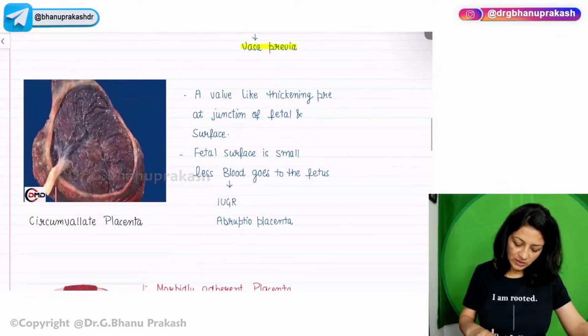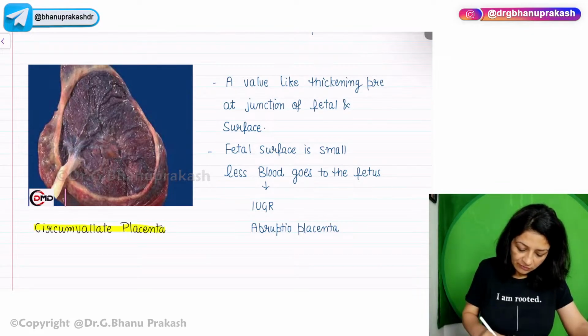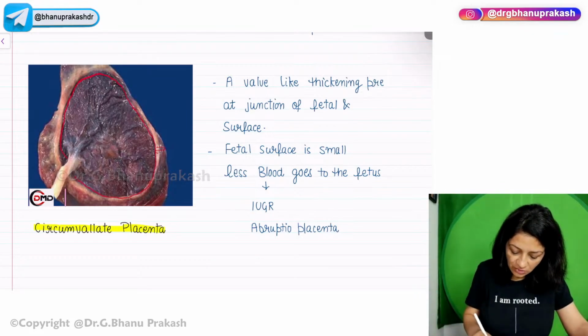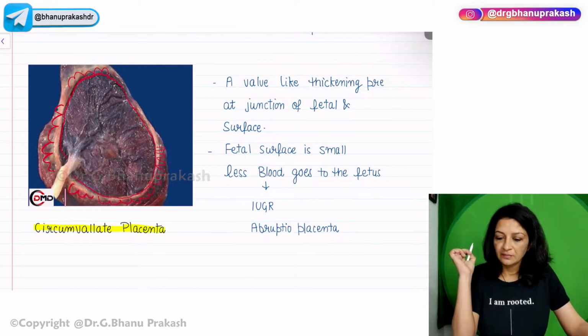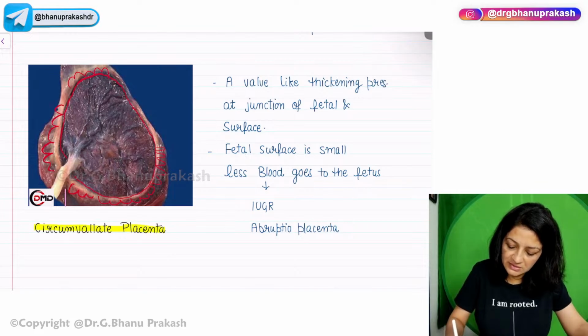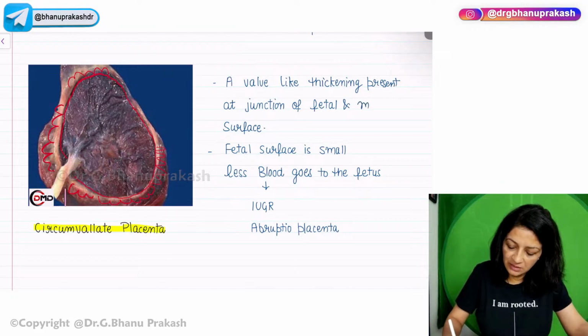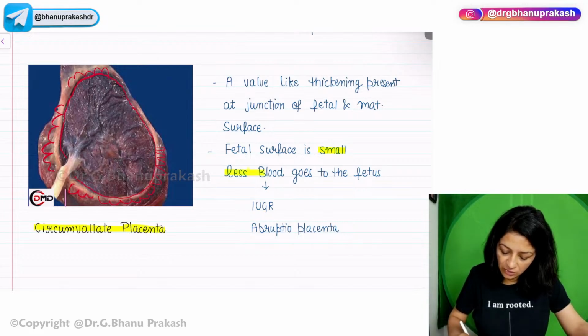Next one, circumvallate placenta. Here you will see the fetal surface side of the placenta is smaller than the maternal side, and there is a presence of a thick wall at the junction of the fetal and maternal surfaces. The fetal surface is smaller and less blood goes to the fetus.